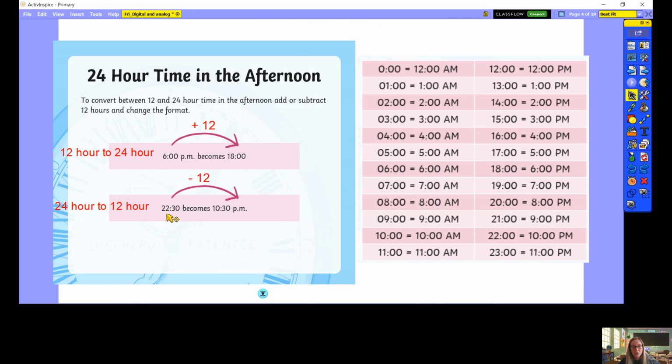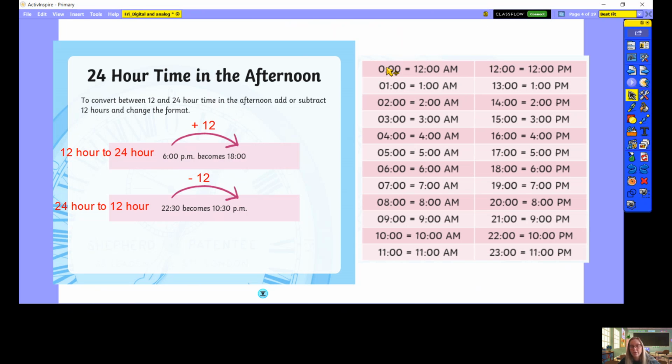So if the time here was 22:30, we take away 12 from the hours. So 22 take away 12 is 10. So 22:30 would become 10:30. And here is the table, and this might help you today if you wanted to refer to it at any point.